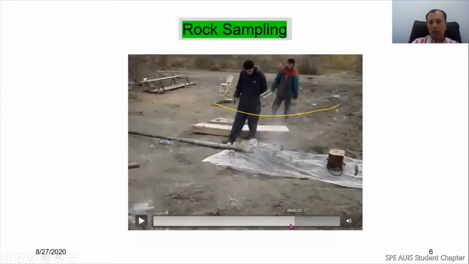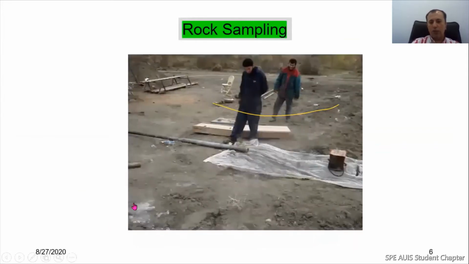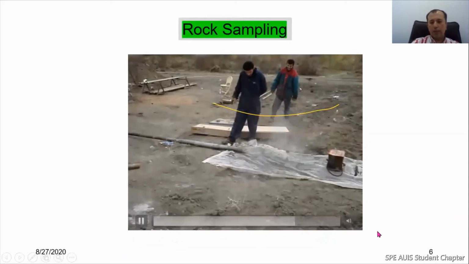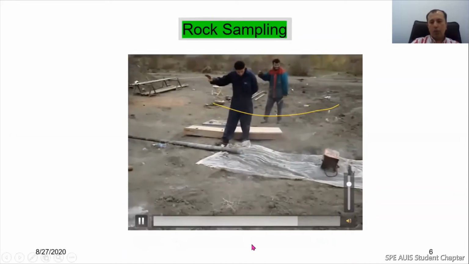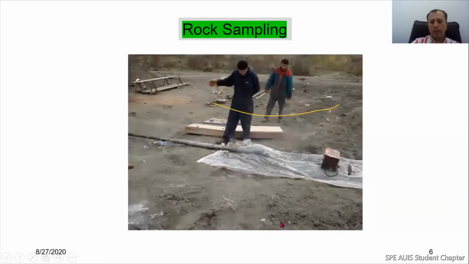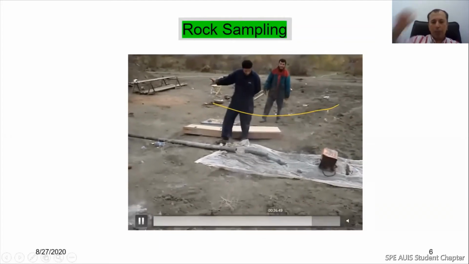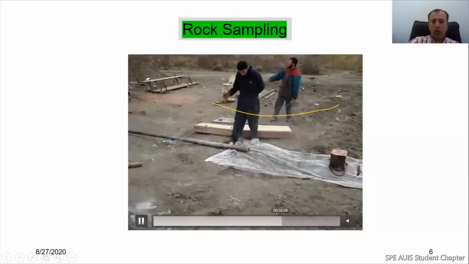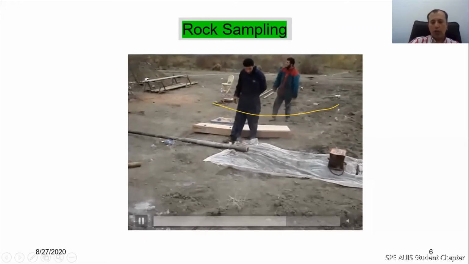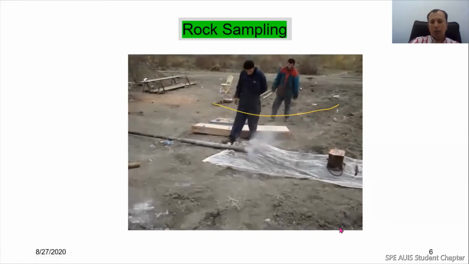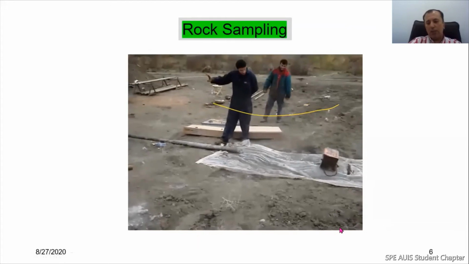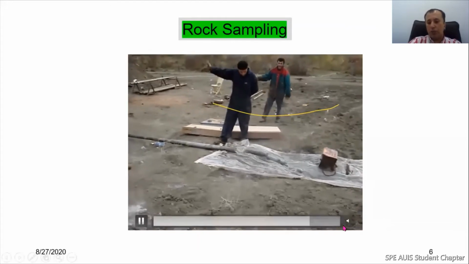How? I will show you in this video. That is pushing. Again, let's see it. Pushing, applying water pressure on the core, so the rock samples will be taken out from the tube.